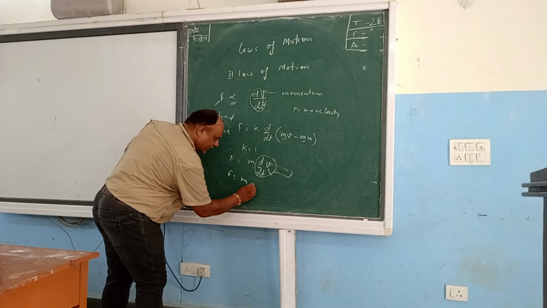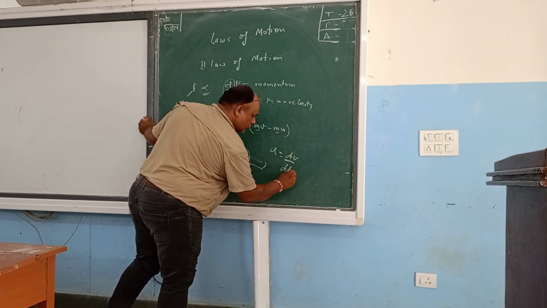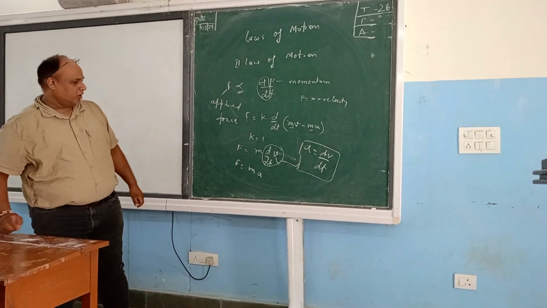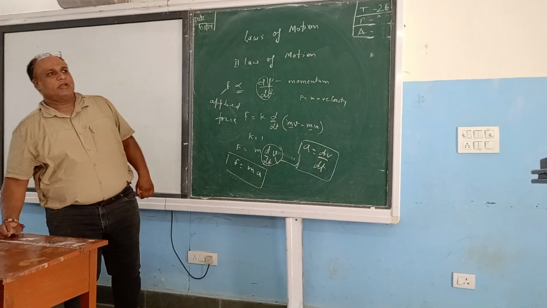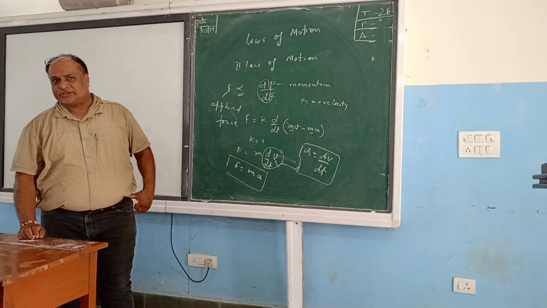That means dv upon dt is equal to a. So according to the second law of motion, force is equal to the product of mass and its acceleration.